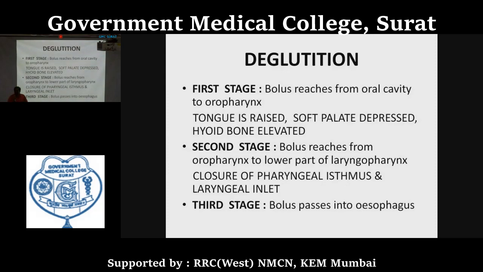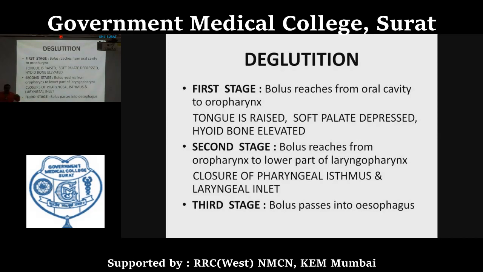Second, the soft palate is depressed. Depression of the soft palate helps in the formation of the bolus. And third, the hyoid bone is elevated. With the elevation of the hyoid bone, the bolus which is located in the posterior part of the oral cavity now crosses the oropharyngeal isthmus and enters the oropharynx. So, once the bolus enters the oropharynx, the second stage starts.